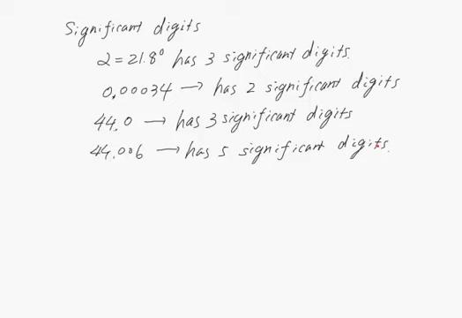And we know that sometimes when we use the scientific calculator to do computations, we may have results like this. Say you have 8 times 10 to the 6. And this is called the scientific notation, right? In this case, this one has only 1 significant digit.